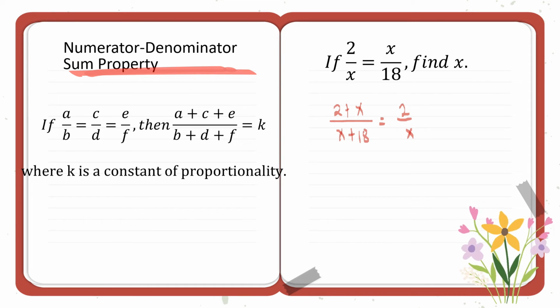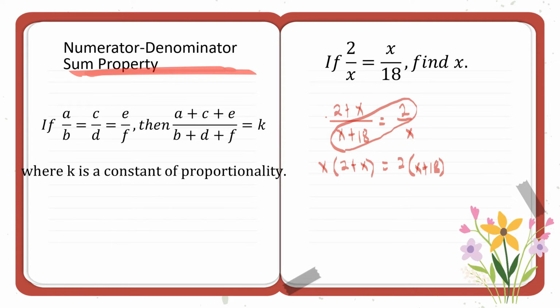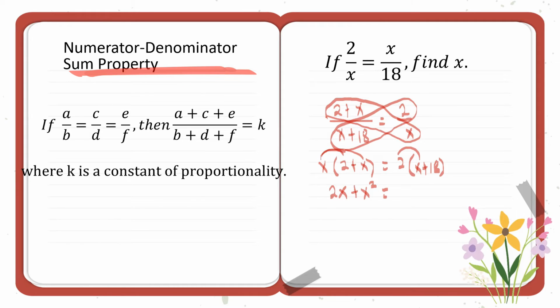So by cross multiplication, we get x times 2 plus x equals 2 times x plus 18. So by DPMA, distributive property of multiplication over addition, x times 2 is 2x, x times x is x squared, equals 2 times x is 2x, and 2 times 18 is 36.